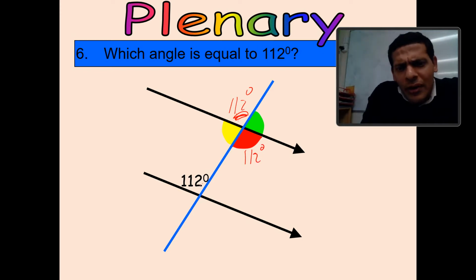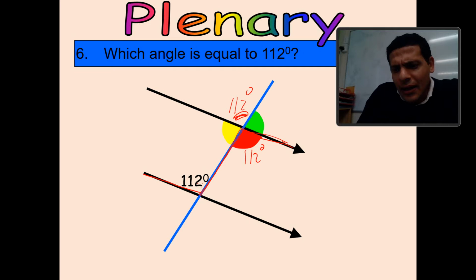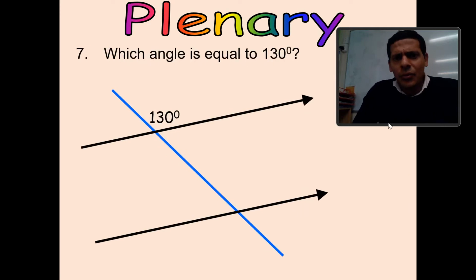Or 112 equals this angle because they make a Z letter. So both angles here make a Z letter, alternate angles.